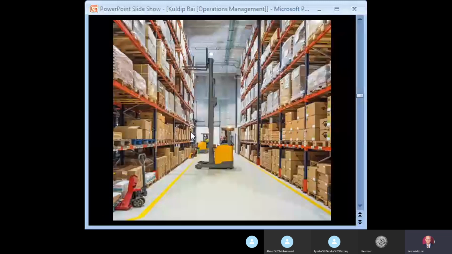So the store's manager knows which material is stocked on which rack and which level and which bin. So when he needs a particular material, he accesses that information from the warehouse management system software. This software is different from purchase management software.